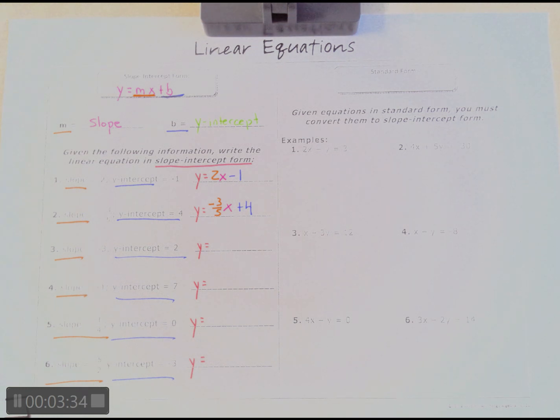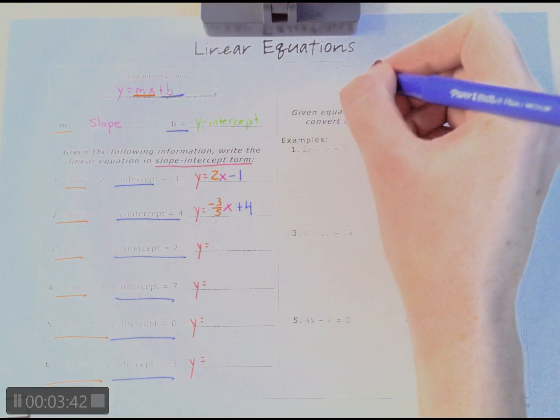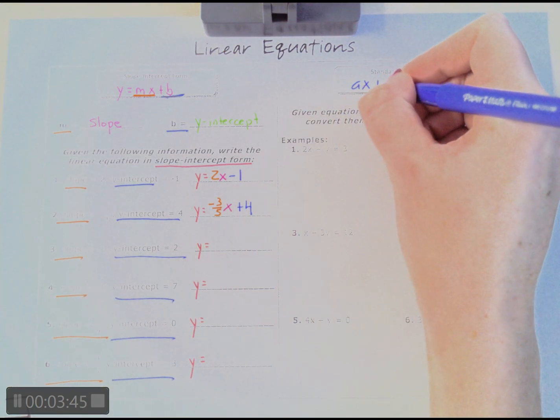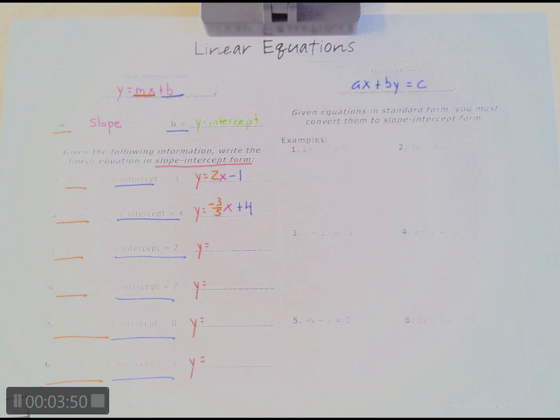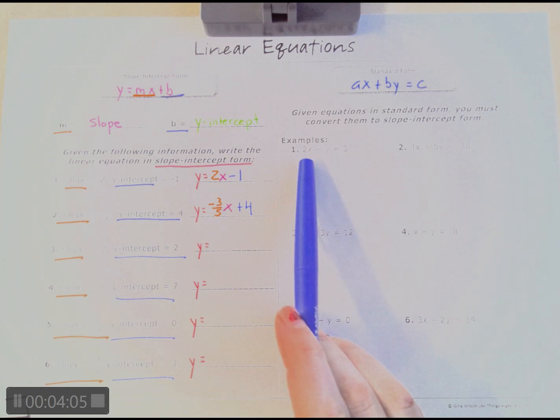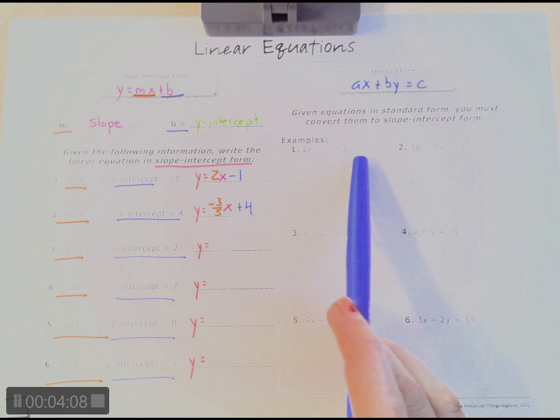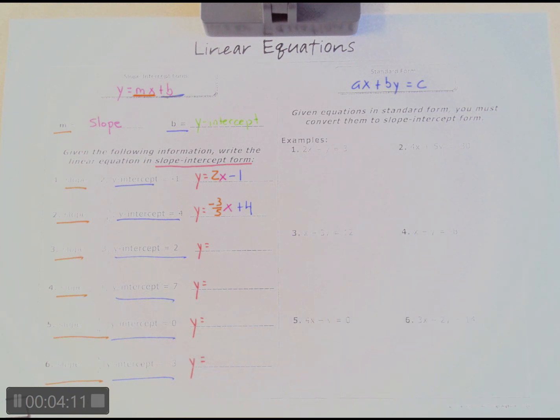Okay, so for number 2, for our next part of our notes, we have to write them in standard form. Standard form is ax plus by equals c. Okay? So if we're given our equations in standard form, we need to convert them to slope-intercept form. So if you notice, all of our equations are in standard form because I have my ax plus by equals c, and so on and so forth.